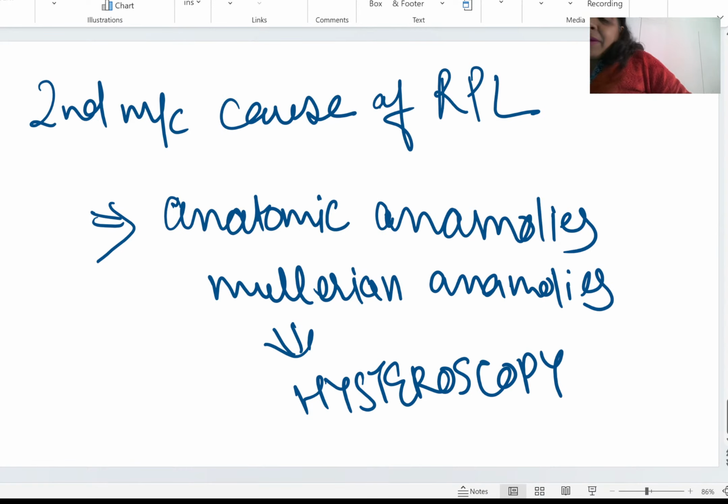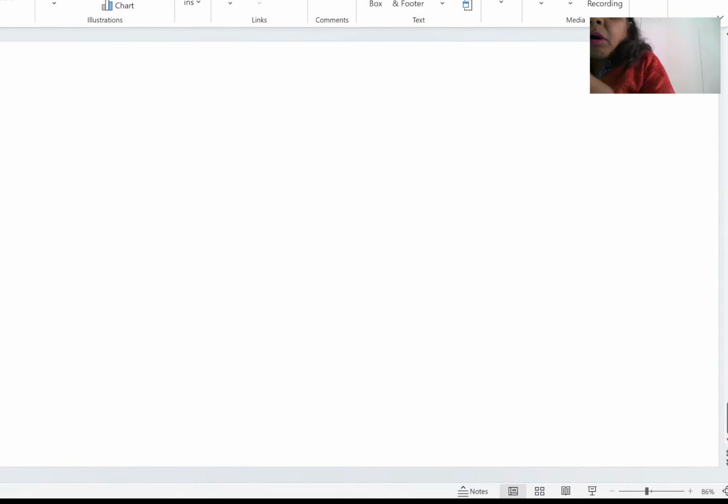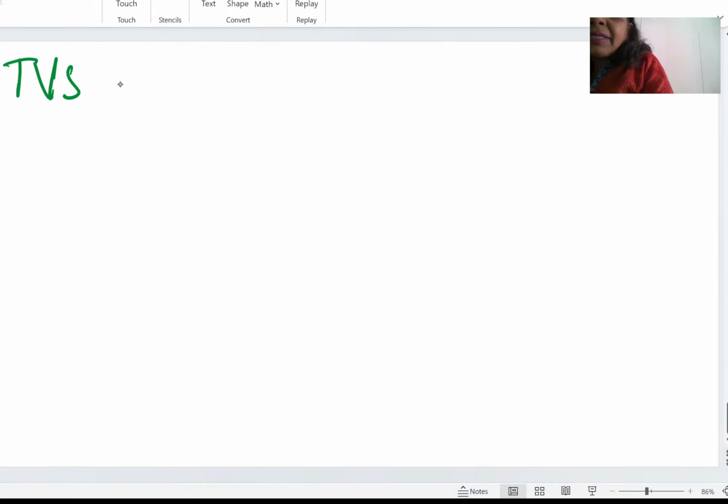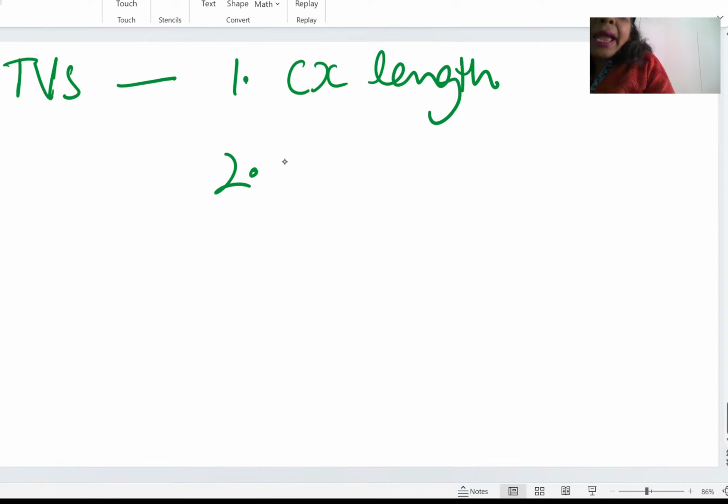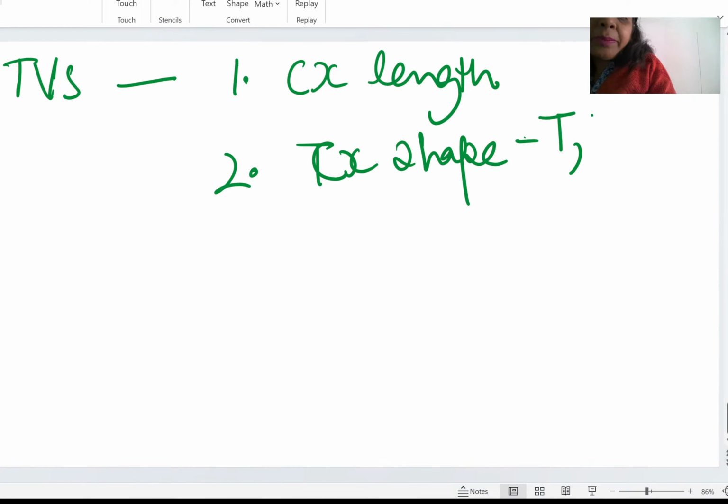No, because in TVS, what are we seeing? We are seeing cervix length, and number two, the cervix shape. Is it T shape, Y shape, V shape, or U shape?